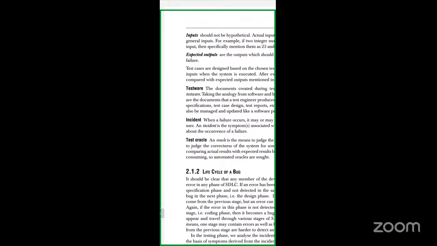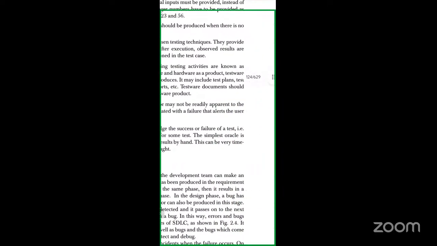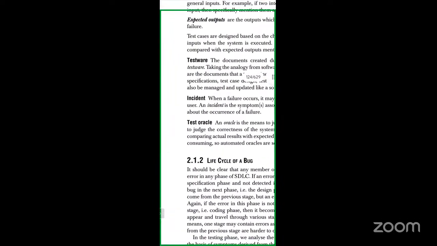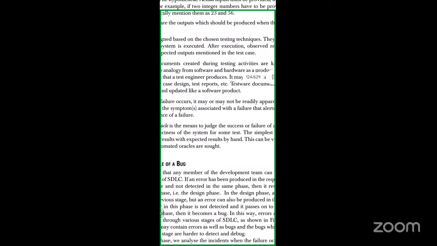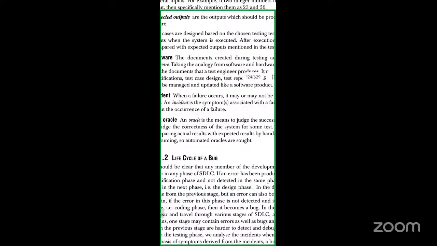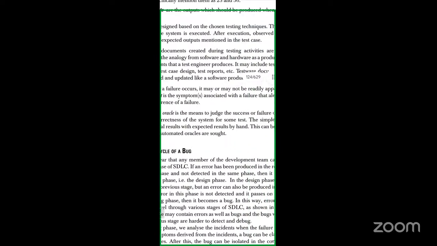Then we are having test oracle. An oracle is the means to judge the success or failure of a test. That is, to judge the correctness of the system for some test, we are going to call it the test oracle. The simplest oracle is comparing actual results with the expected results by hand.